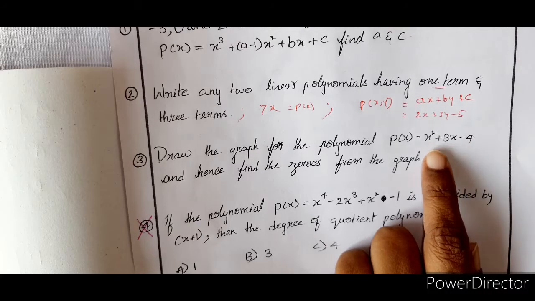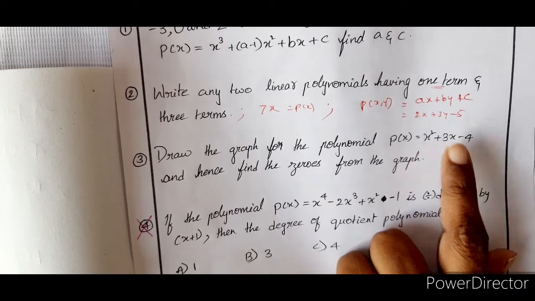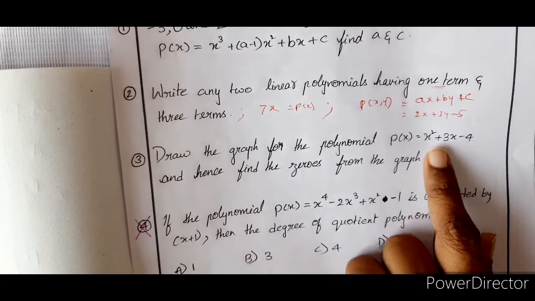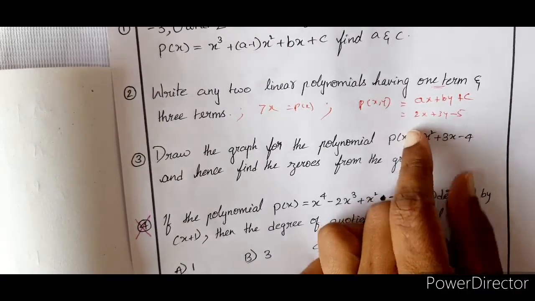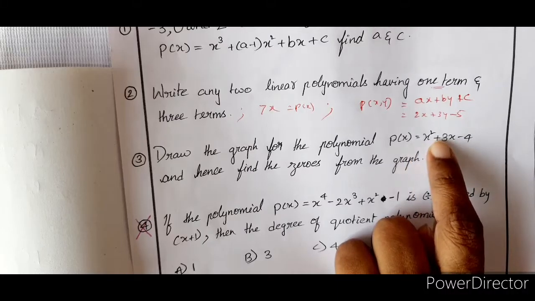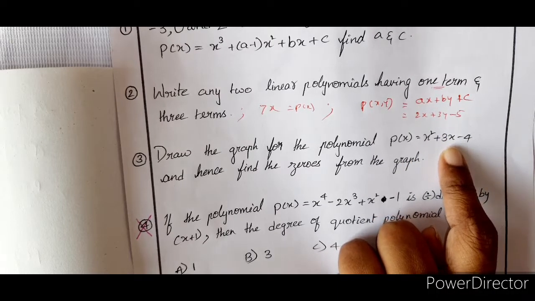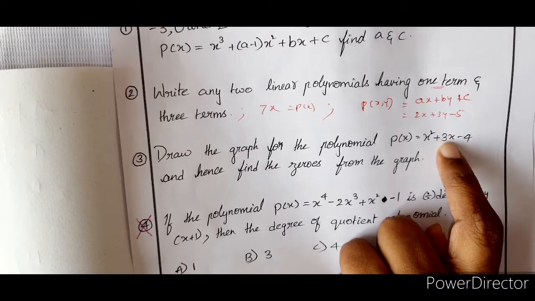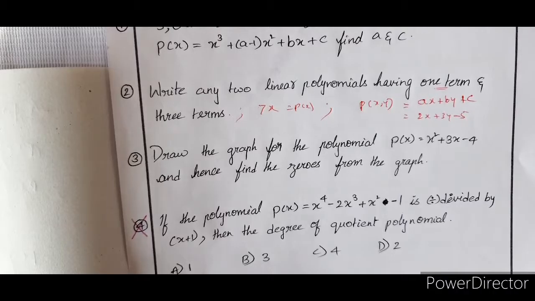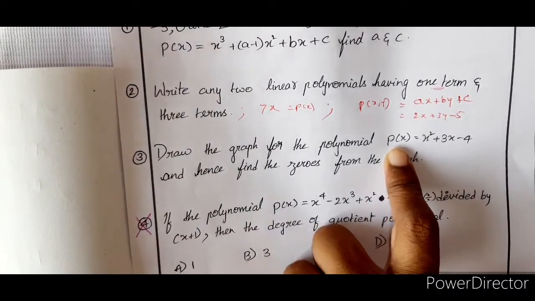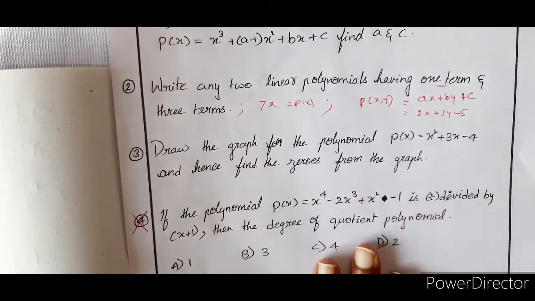That means your graph may or may not cut the x-axis with the values you take. So what is the smart way? In the rough work, first find out what the zeros are by middle term splitting. Once you know the zeros, choose those values of x to find the corresponding p of x, in which the zeros of the polynomial are also included.